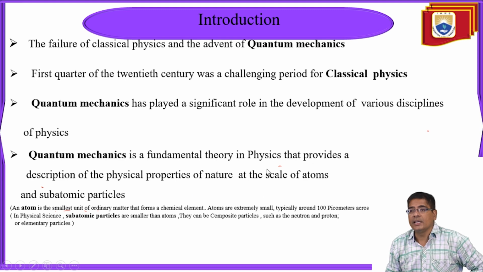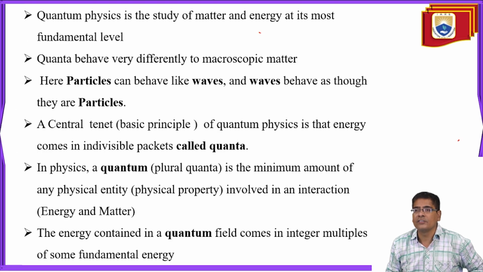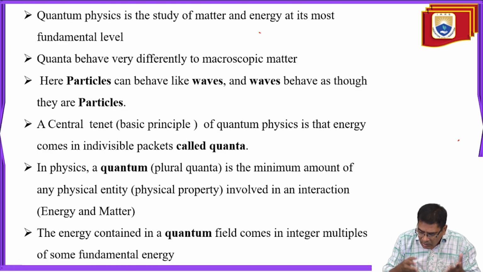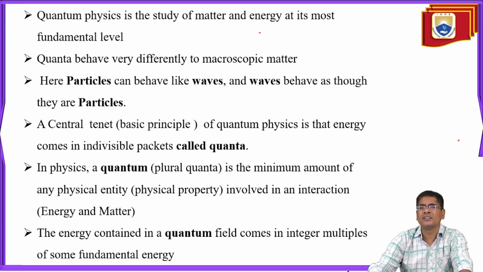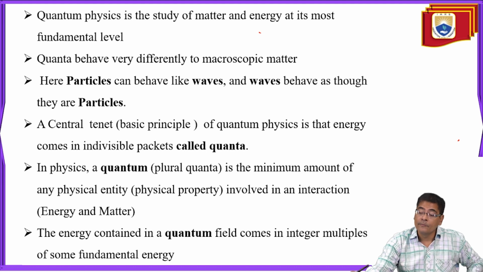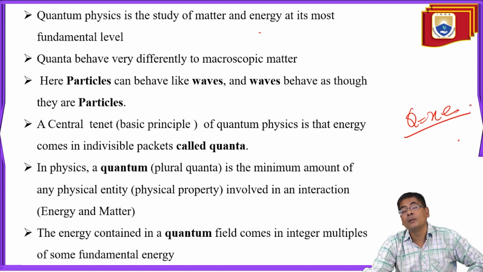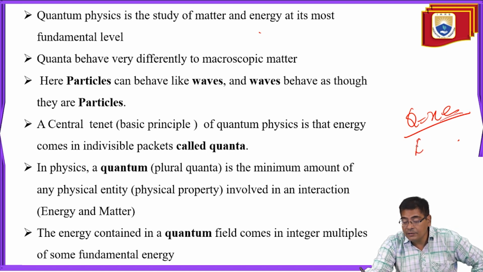We study physical properties on the scale of atoms and subatomic particles, so small units, and charge is also a fundamental property. That's why we study the quantization of charge as Q equals Ne, which means charge exists in integral multiples of elementary charges. Similarly, the energy is quantized: E equals n h nu.